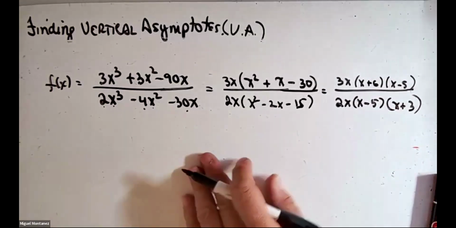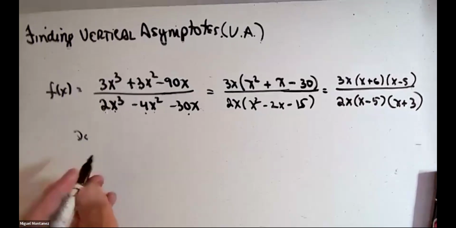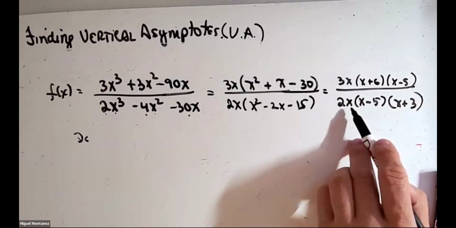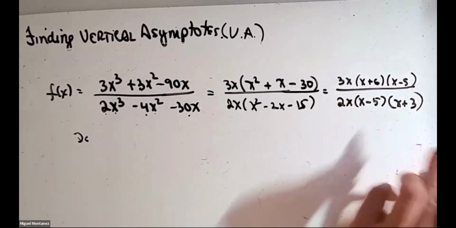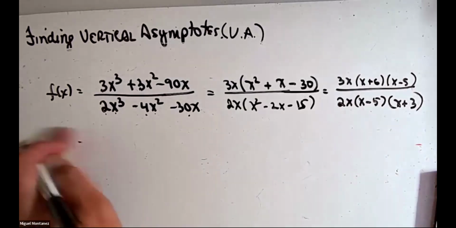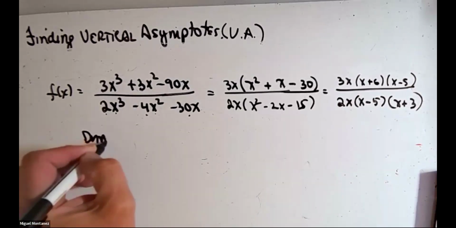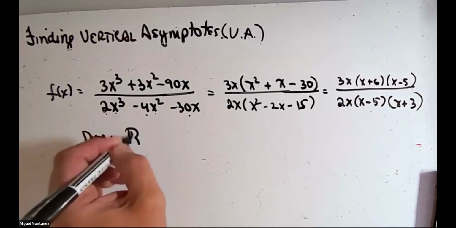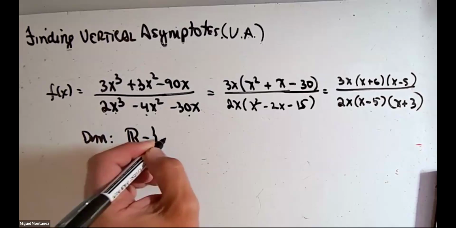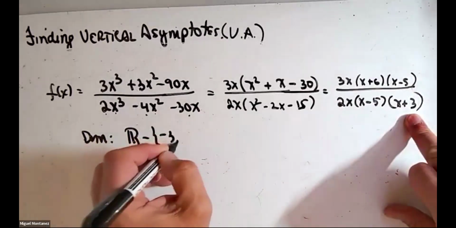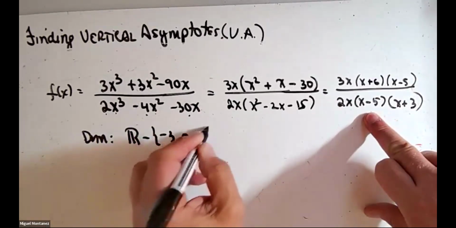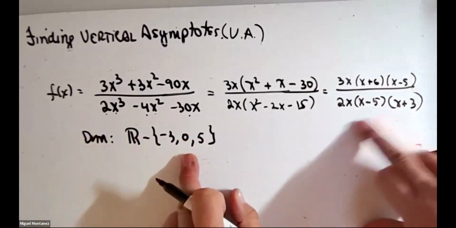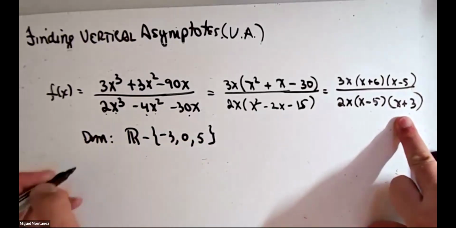So the domain, of course, we need to avoid 0, 5, and negative 3. So it will be all real numbers except negative 3, 0, and 5. Those are the three numbers that will make my denominator 0.